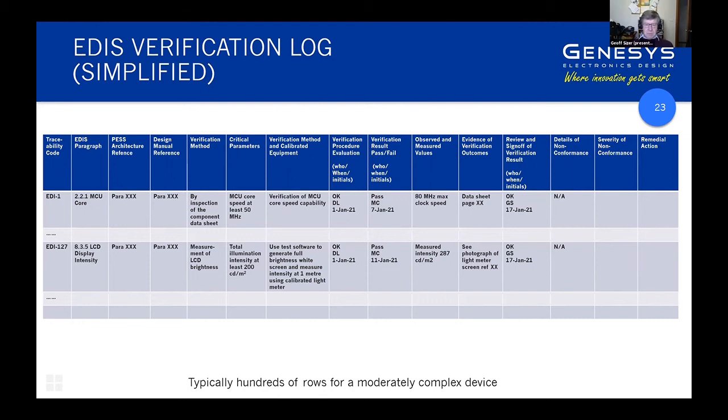So the risk process to 14971 not only increases the number of items that need to be verified, but it increases the level of rigor of verification that you must undertake to satisfy the risk minimization process.